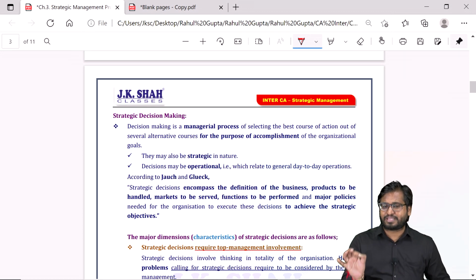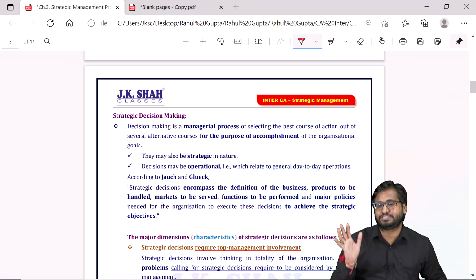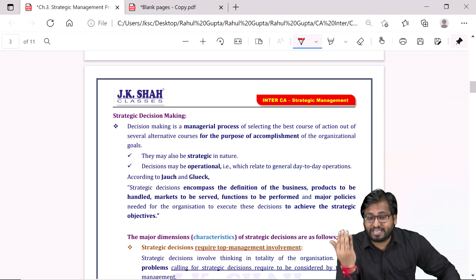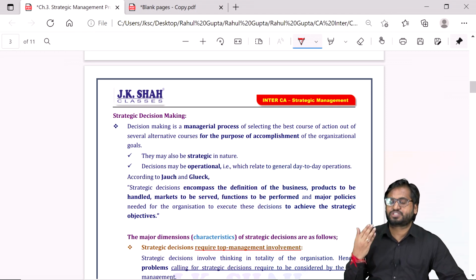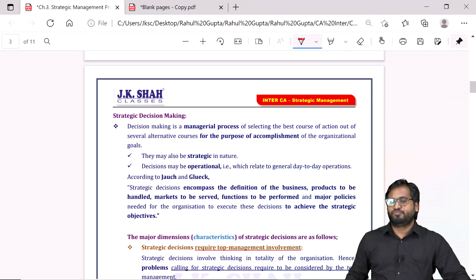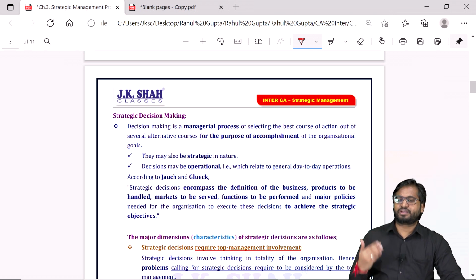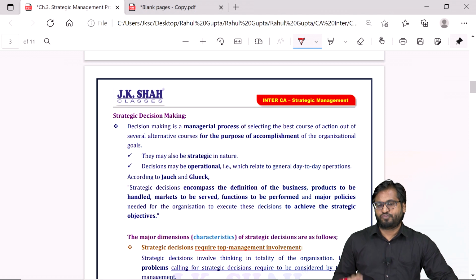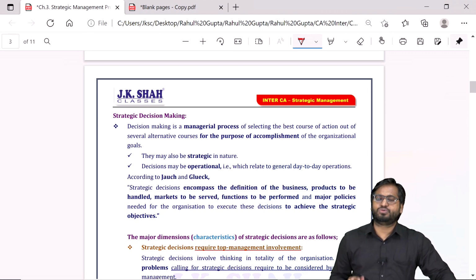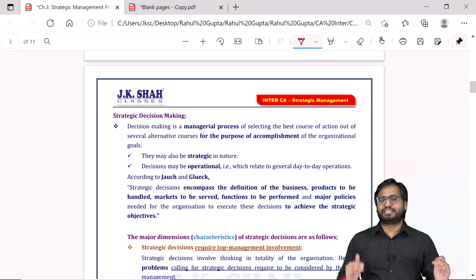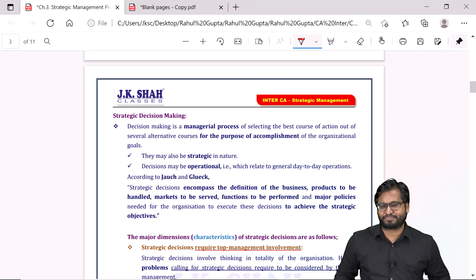Strategic decision making defines our business. What sort of products we will make, what markets we will serve, what functions we are going to perform, what processes we are going to follow, what policies we will be making. Those are called strategic decision making.